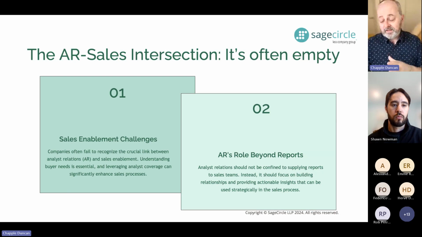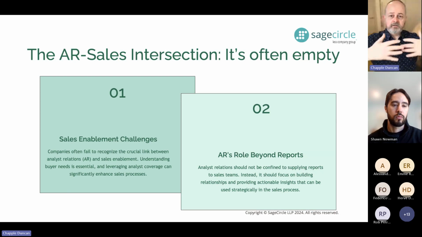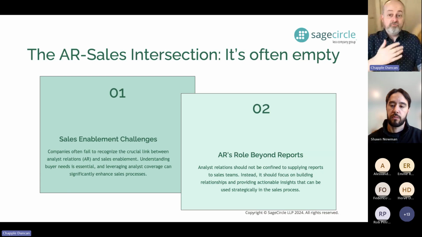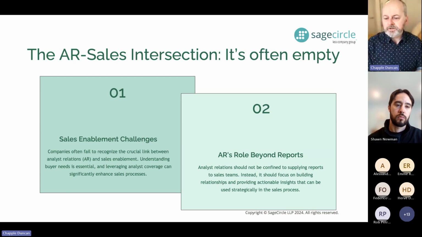And I think that the other thing that reinforces that gap is the fact that often in conversations about sales enablement, what analyst relations people really speak about is licensing analyst content and just hoping that that content organically spreads once you've licensed it. AR, understandably, is rarely involved in operationalizing these strategies, but I must say when it is, it generates incredible results.